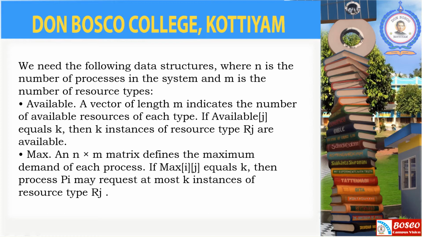For example, if Available[j] equals k, then it means that Rj, that is resource type Rj, has k instances. For example, if R1 is equal to 5, then the resource type R1 has 5 instances. For example, if it is a printer, then 5 printers are available.